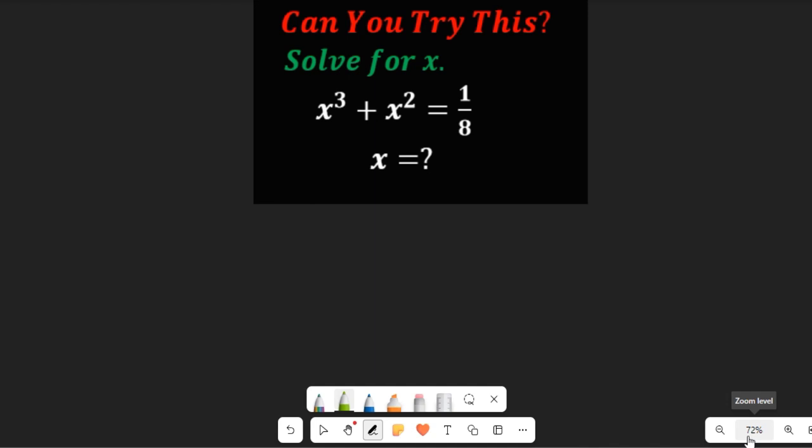To find the value of x, all I'm simply going to do is to multiply all through by 8. That way I can destroy the fraction, which is 1 divided by 8.